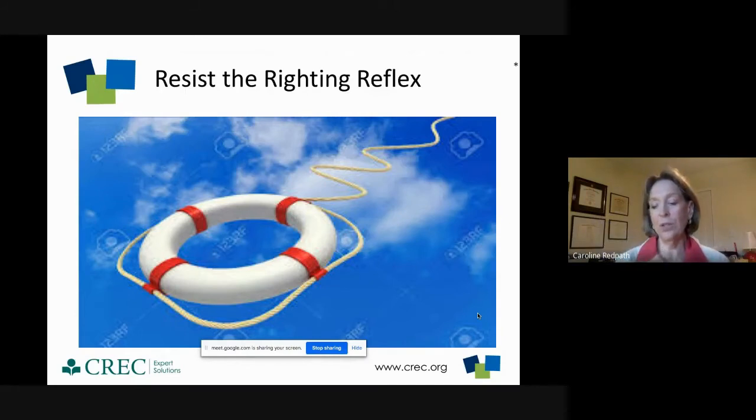What we're told to do is turn into the skid on an icy road versus away from the skid, and then we can gradually correct. It feels right that we want to fix it, and it's counterintuitive to roll with them. But when we roll with them, we're able to turn that skid later on. I think that's a good analogy, at least for me, to remember.